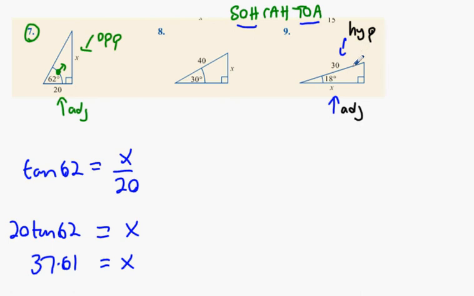Which function should you choose? Cos. If you wanted to choose sine, you need the opposite and the hypotenuse. That's not the case. If you wanted to choose tan, you need the opposite and the adjacent. That's not the case. What we have is the adjacent and the hypotenuse.